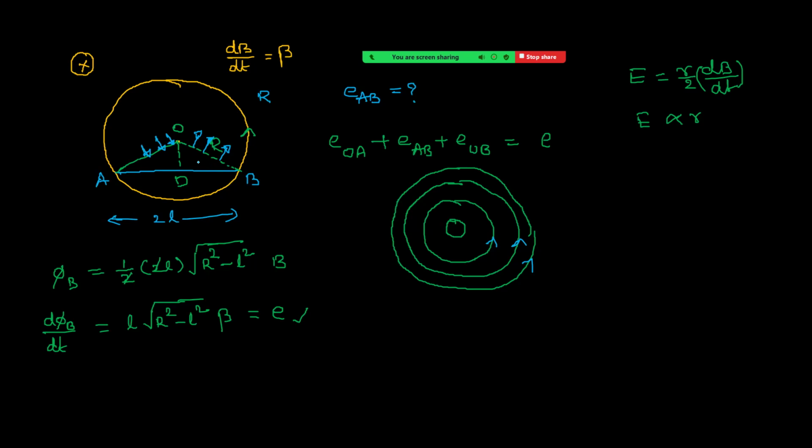So this point you can keep in mind. That means this value is 0, this value is 0. Remaining is now across AB, and that is nothing but E, right? So L into square root of R square minus L square into beta, right?